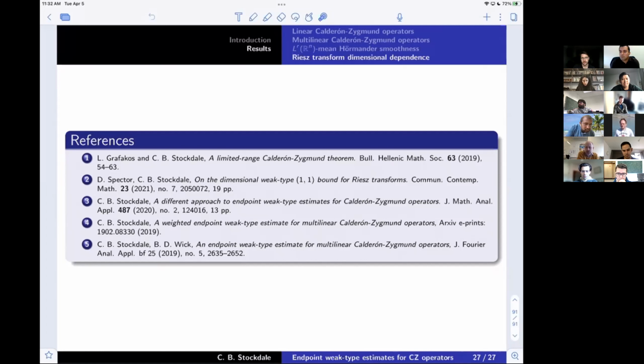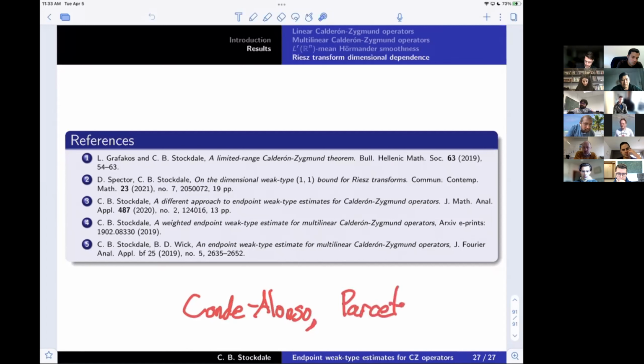I haven't worked on that personally yet, so I am not necessarily the expert on that topic, but there are papers by Jose Conde Alonso, and I think he does this with Parcet. Maybe some other authors I'm not familiar with. I haven't read their papers in detail, but they have a collection of papers that study Calderón-Zygmund theory in the non-commutative setting. So I think that's probably where you'd want to look.